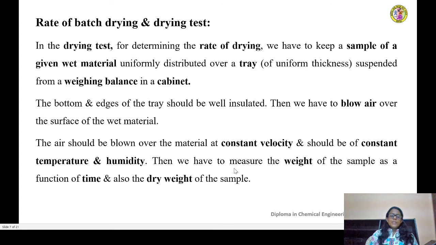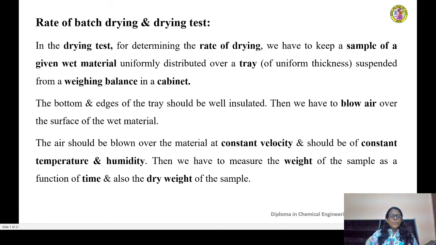Then we have to measure the weight of the sample as a function of time. For this purpose, we will keep the tray on one side of the balance and weights on the other side of the balance, so that the balance comes to a steady position.